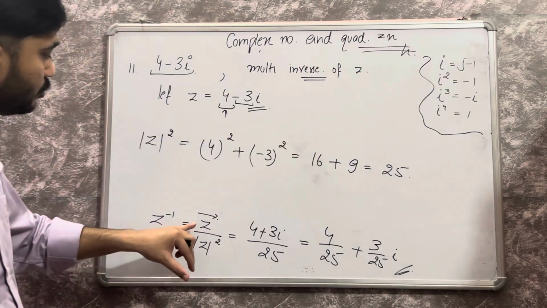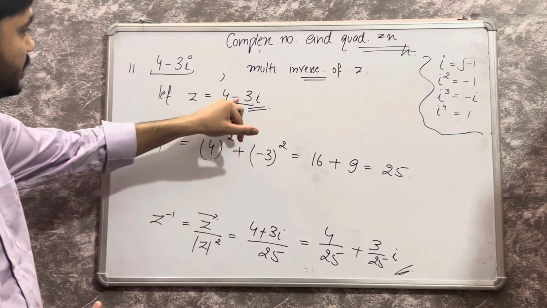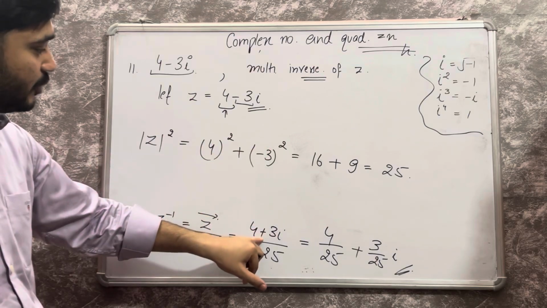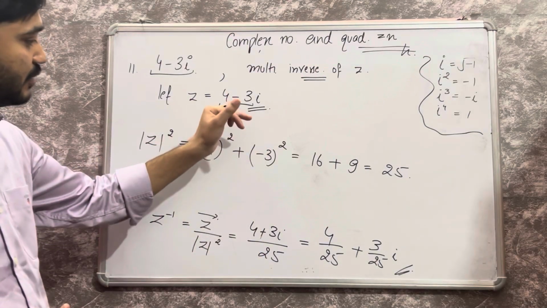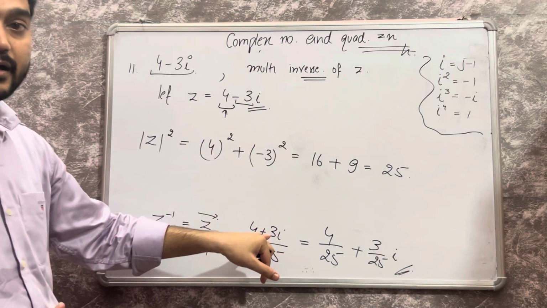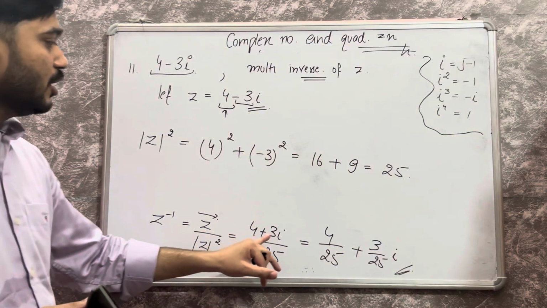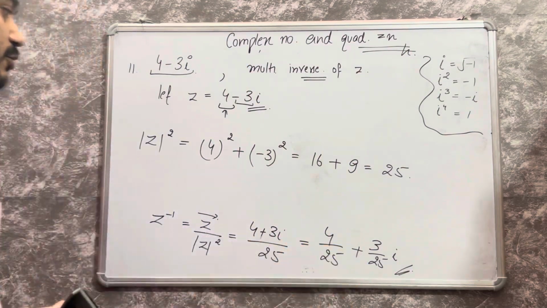We have to change the sign of this middle term. If it is negative, we have to change its sign into plus, and if it is positive, then we have to change this sign into negative. Any doubts? So the answer will be 4 by 25 plus 3 by 25 iota.